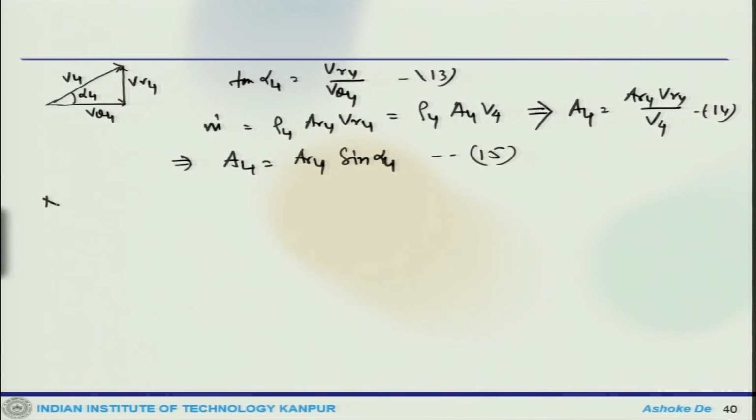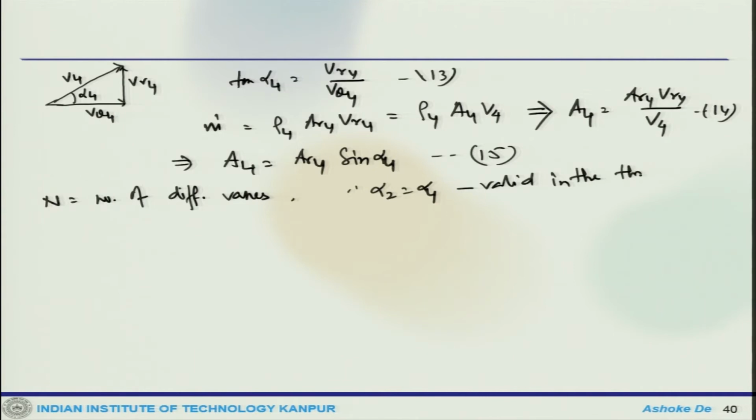Now, let us say n is the number of diffuser vanes. So, alpha 2 equals alpha 4 is valid in the throat region. Okay.